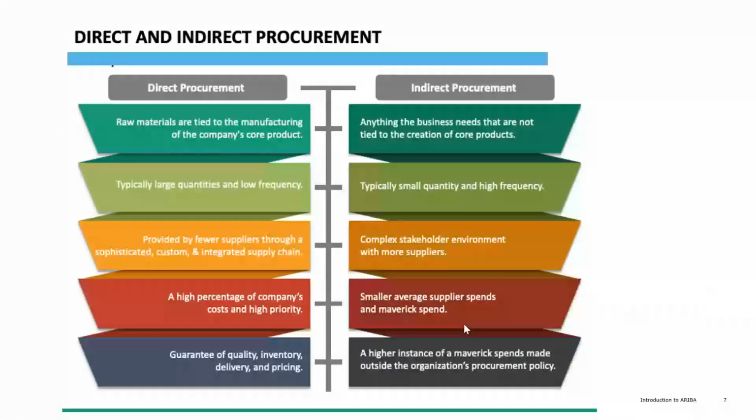Now coming to direct procurement and indirect procurement, I will give a simple example. Let us say Tata Motors is the company and you are manufacturing cars. At the end of the day, you are selling your product, the car, and by selling the car you are getting your revenue, right? So whatever components are in that car, the tires, the steering, the brake wires, the seats, the body, the glasses, the side mirrors, each and everything goes into a car, and you sell that car and make your revenue.